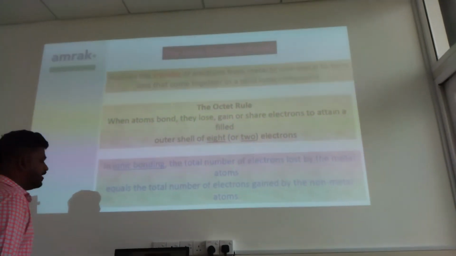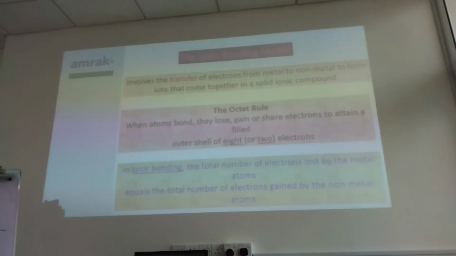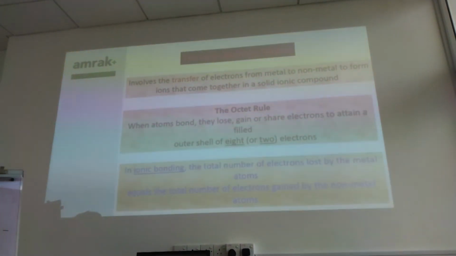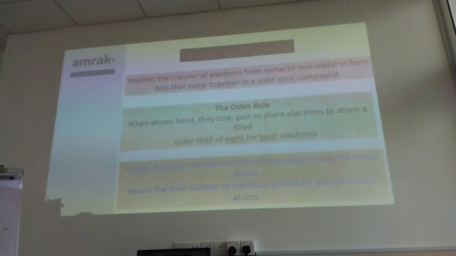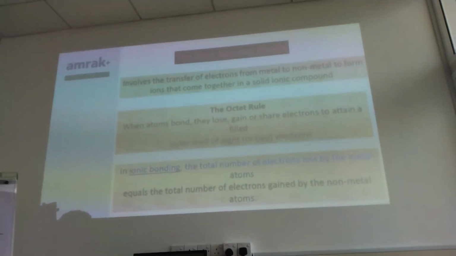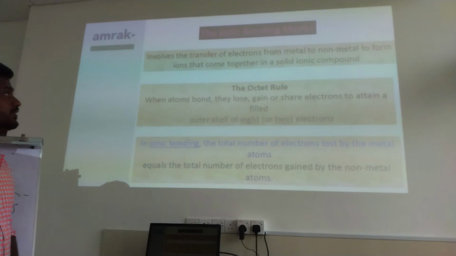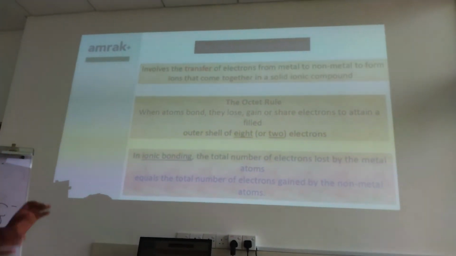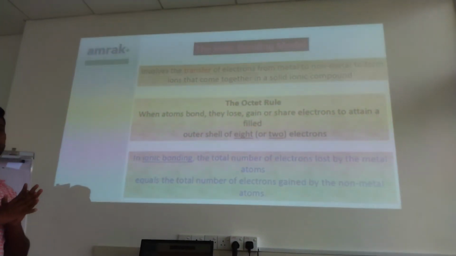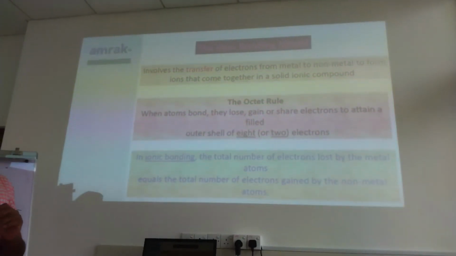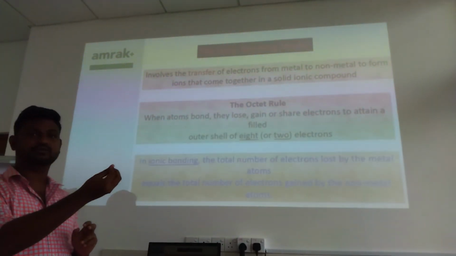Okay, the ionic bonding model, or ionic bond, involves the transfer of electrons from metal to non-metal to form ions that come together in a solid ionic compound. Simply, one ion becomes attracted to the oppositely charged ion.